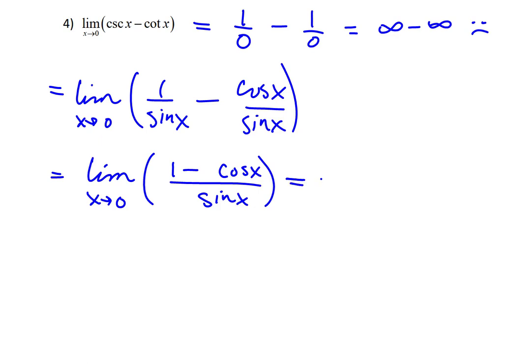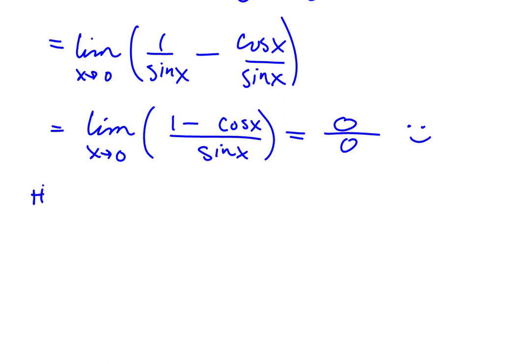But now, if I try direct substitution on this, in the numerator, 1 minus cosine of x when x is being plugged in as 0 would be 1 minus 1, which is 0. And in the denominator, sine of 0 would also be 0, which means now we're getting 0 over 0, which is actually good news. It's still indeterminate, but the reason it's good news is because that's one of L'Hopital's indeterminate forms.